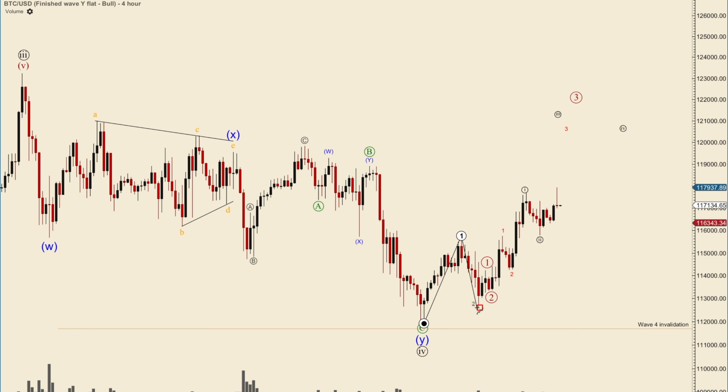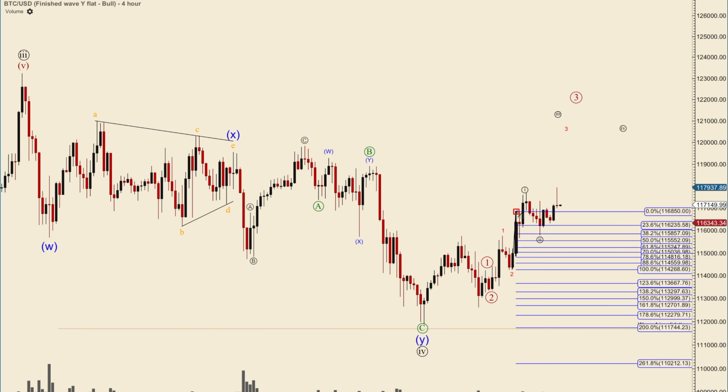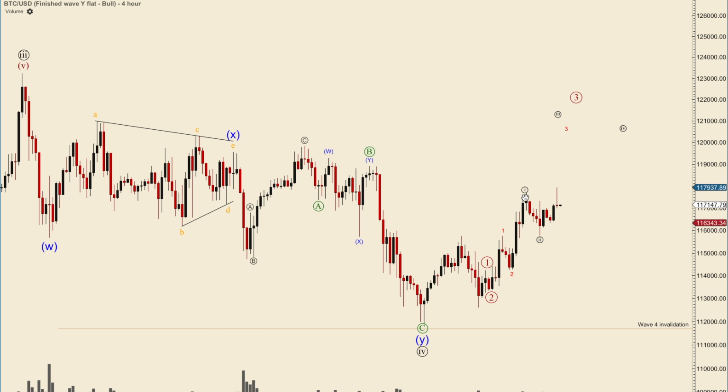So a sideways correction. So here we are basically looking for higher prices, and I haven't really gotten around to marking this. So this is a 1, 2, and we are looking for way higher prices here. And these are the smaller 1, 2s. So basically we're stacking 1, 2, 1, 2, 1, 2, 1, 2, because we can't really count a 1, 2, 3, 4 here because of the overlap. Well, not really overlap, but if we count it like here, 1, 2, 3, 4, 5.